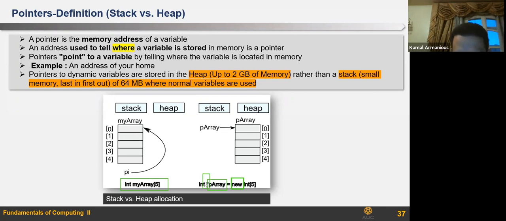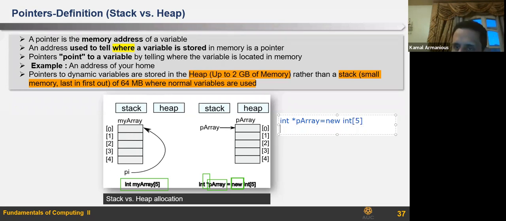And you see this beautiful star here. So it's basically int star pArray equals new int of 5. Remember, the word new means reserve the apartment for me. So new int of 5. What does this mean?